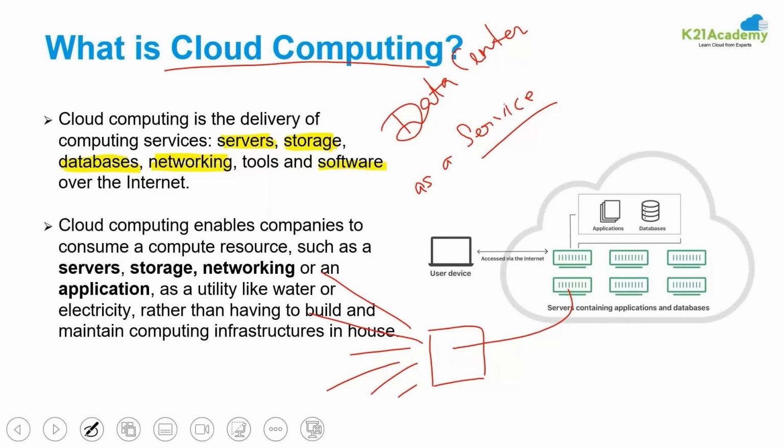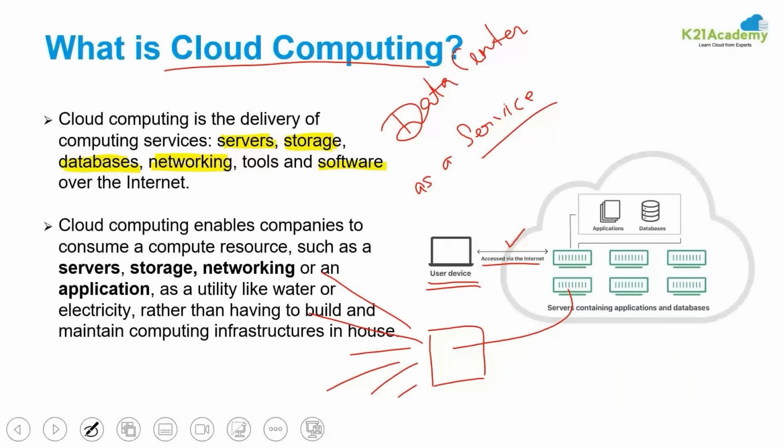It is the cloud service provider who is going to manage everything. And you, as a user, will access these things over the internet. That means you don't need to maintain servers, storage, or networking. Everything will be done at Amazon's or Azure's or Google's data centers.